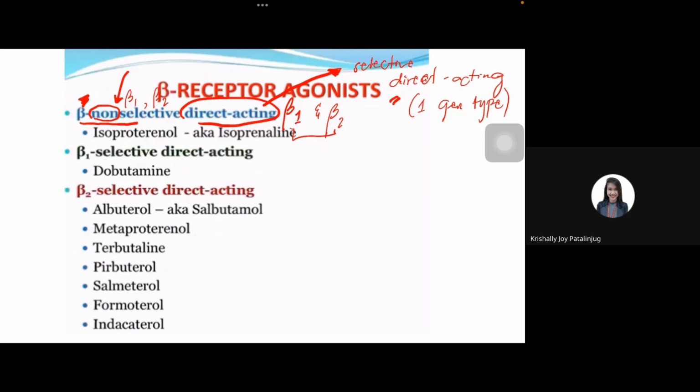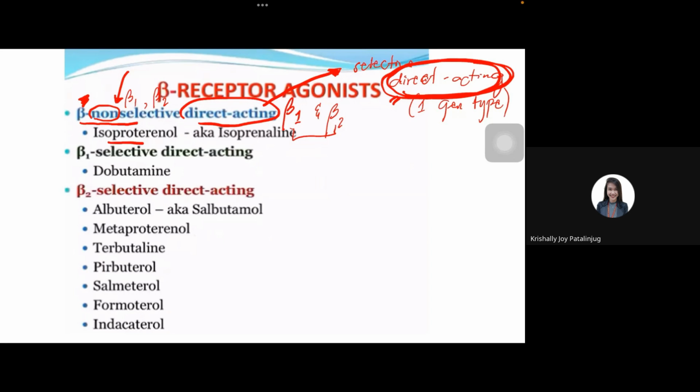Non-selective siya kasi pwede siyang mag-bind sa beta 1, beta 2. But being a direct acting sympathomimetic, generally selective siya. I hope you understand the terms kanina para hindi kayo ma-confuse. So a specific example of beta non-selective direct acting, we have isoproterenol, also known as isoprenaline.